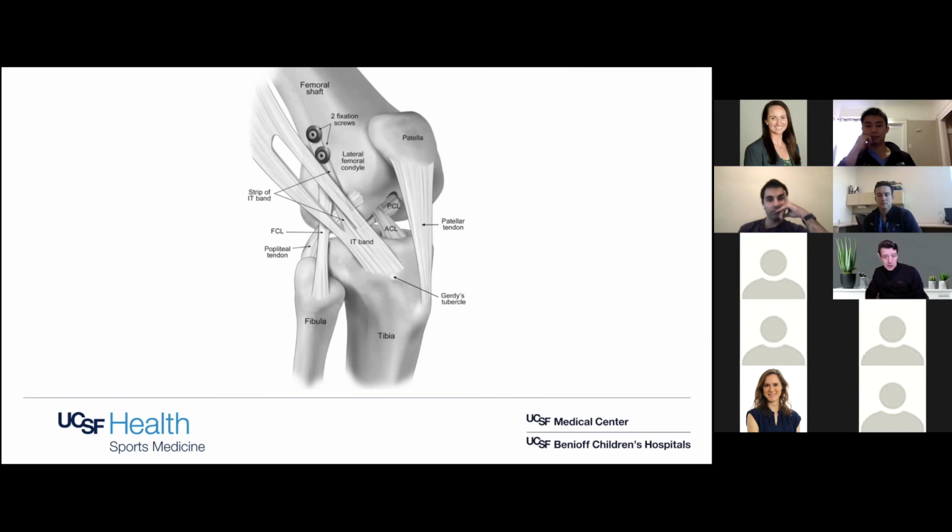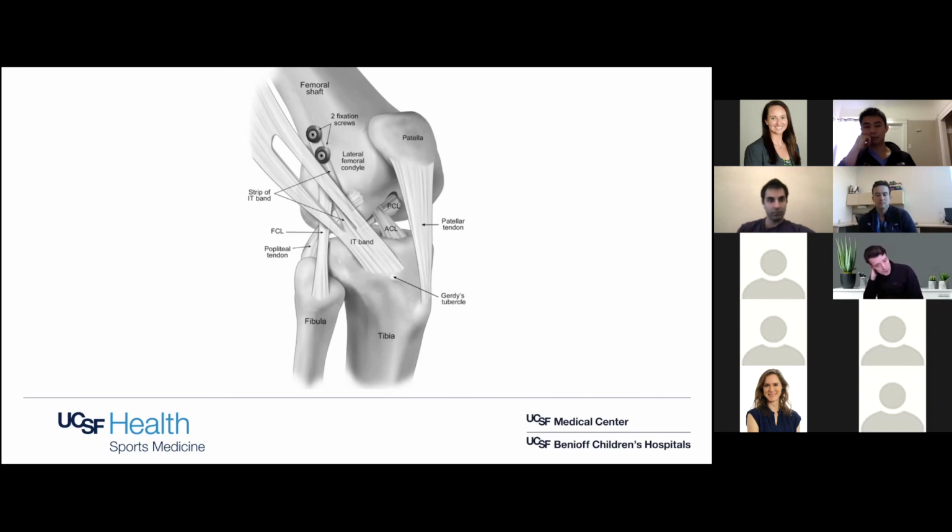And essentially, the more modern way that it's done is that it is an open incision over the IT band. The middle third of the IT band is essentially divided, and then tenodesed down to the lateral femoral condyle underneath the LCL.